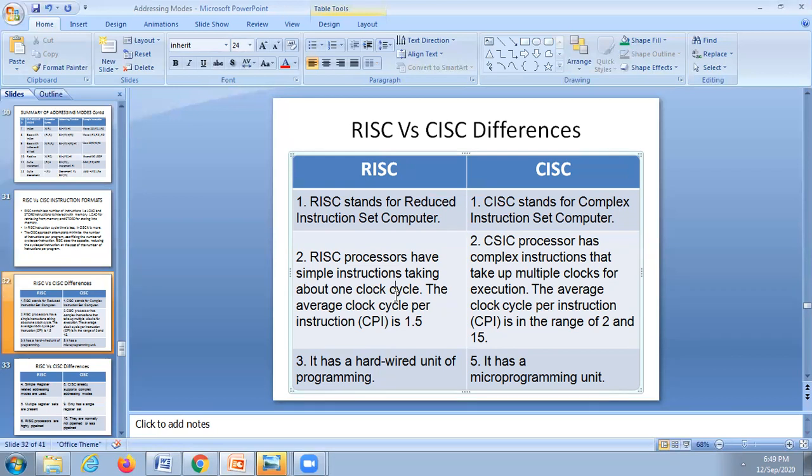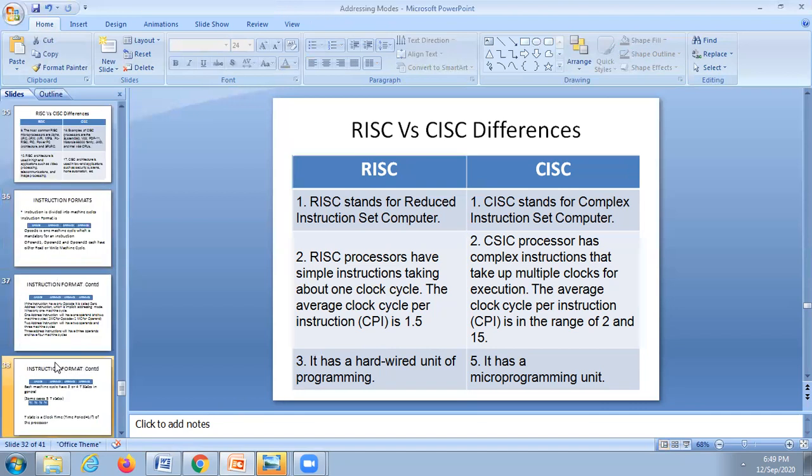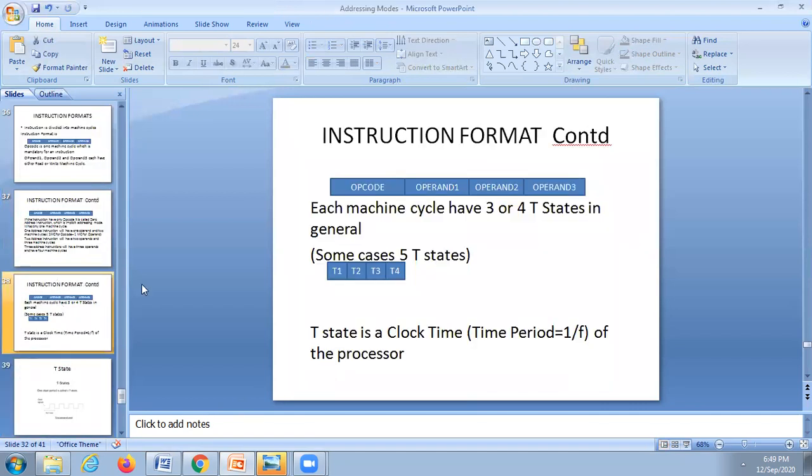An instruction is divided into machine cycles, and a machine cycle is divided into T states. The entire thing is called the instruction cycle. The time required to execute an instruction is called the instruction cycle.